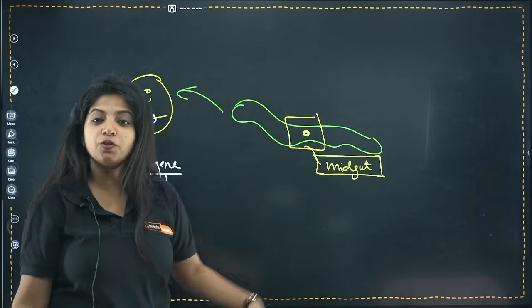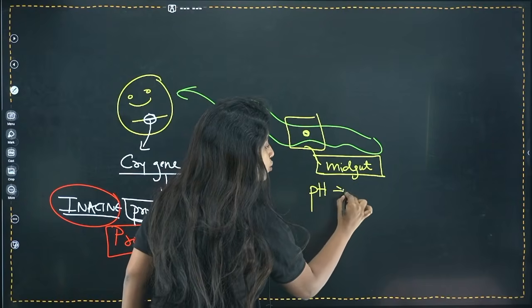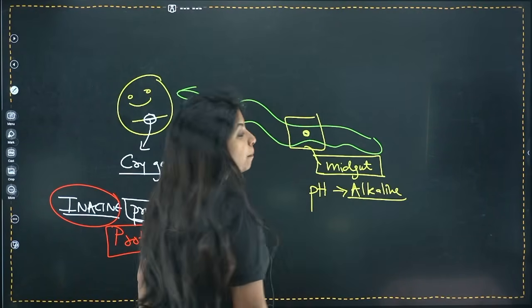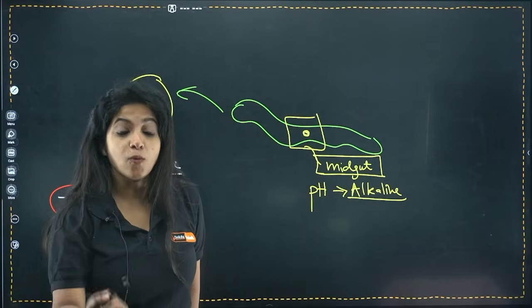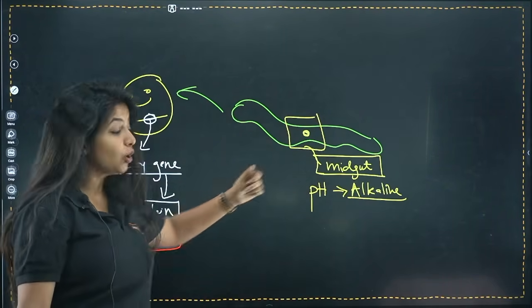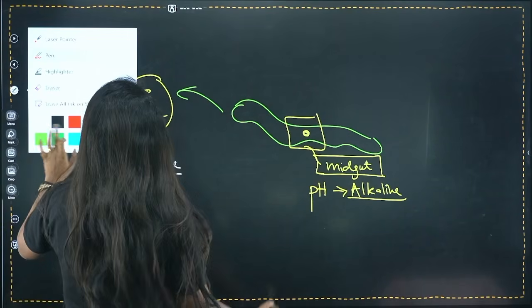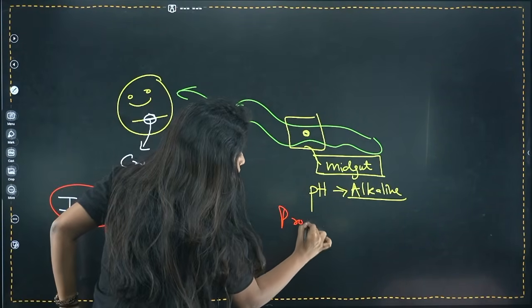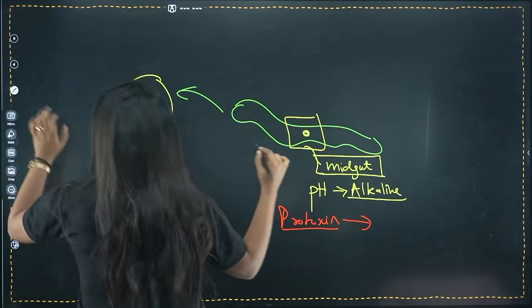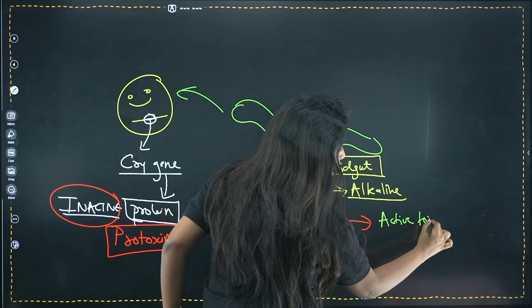What are the changes that you observe in the mid-gut region? The pH over here is, my dear children, highly alkaline in nature. That means it is basic in nature. Now what happens? In this alkaline pH, the bacteria's protoxin, which was inactive until now, converts into the active form of toxin.